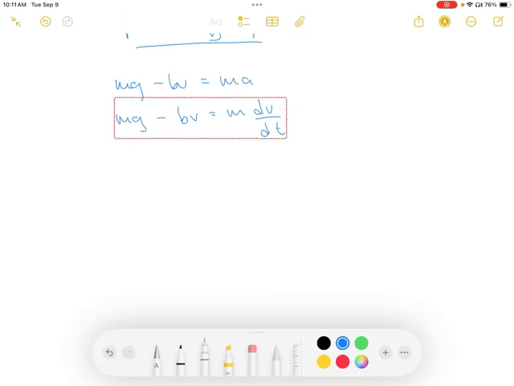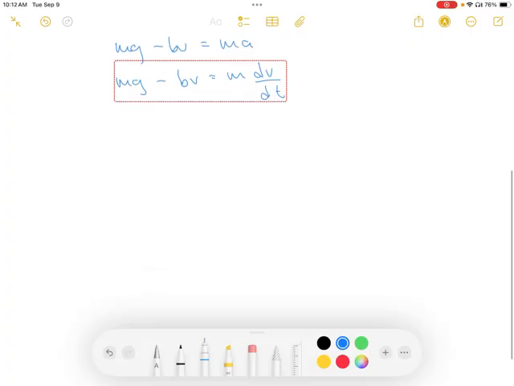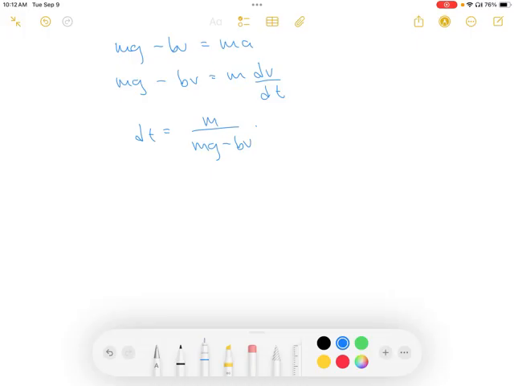So now let's pass all the differentials to their corresponding sides. Alright, so we're going to have dt equals m divided by mg minus bv times dv.